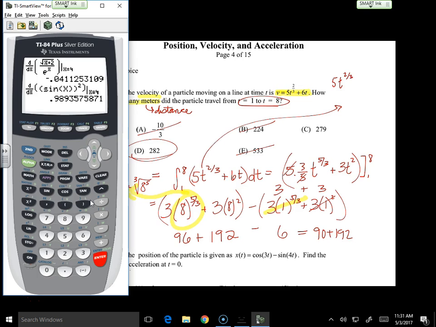I'm trying to compare the wording as far as when they do or don't use it. So it is displacement. Isn't total distance traveled the integral of speed?